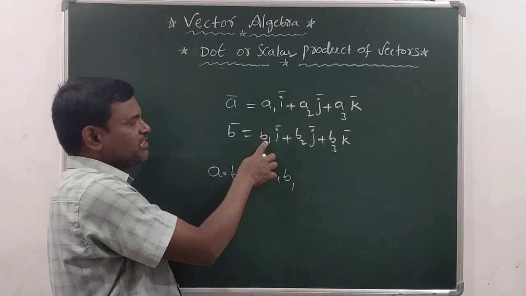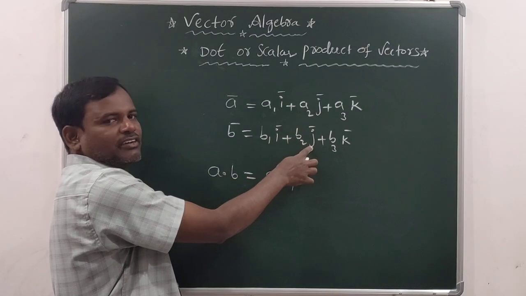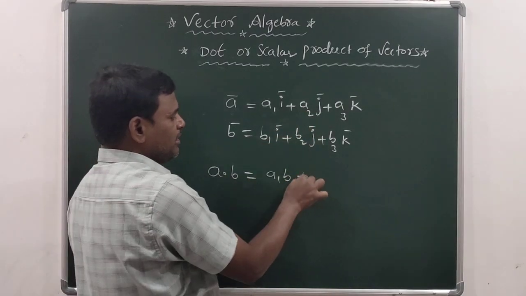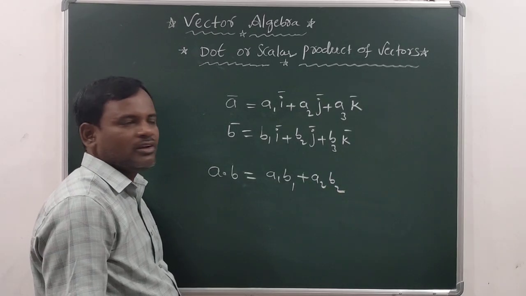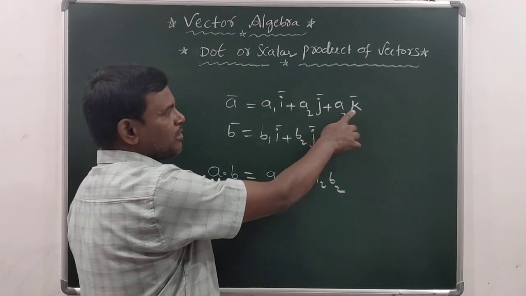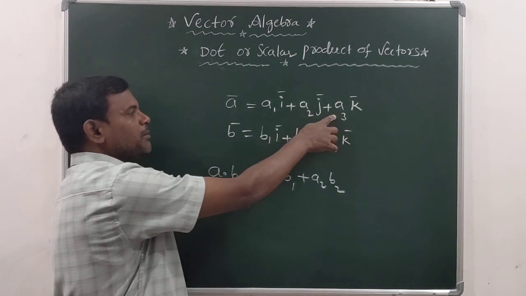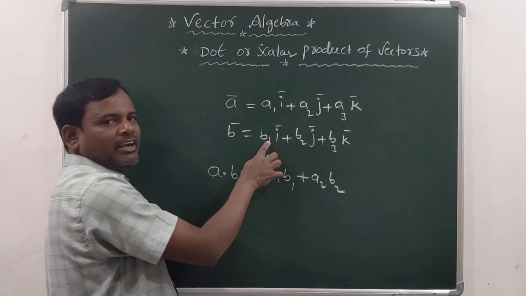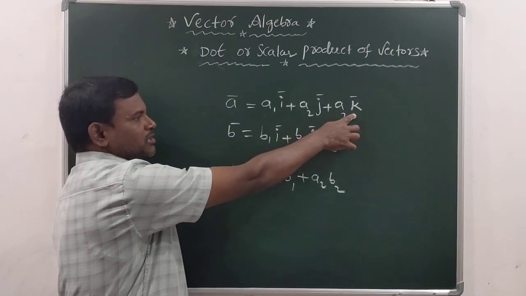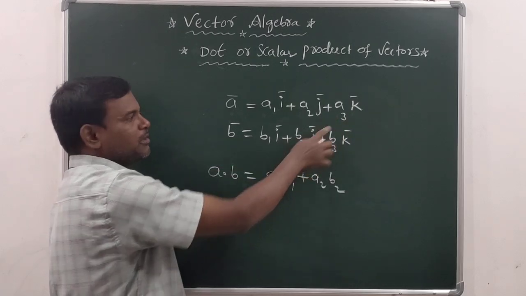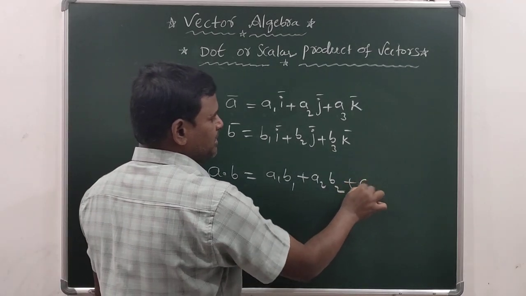Next, multiply this with this: j dot i becomes 0, j dot j becomes 1. So here A2 B2 will be left. And here multiply this with this: k dot i becomes 0, k dot j becomes 0, k dot k becomes 1. So A3 B3 will be left.